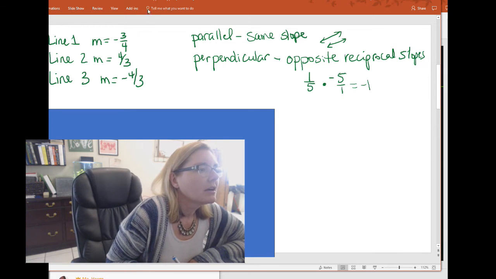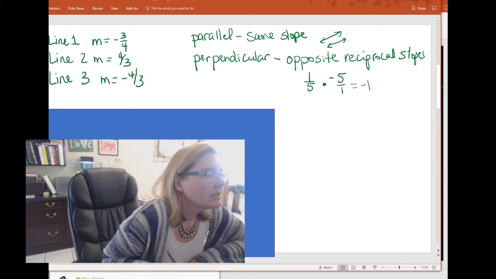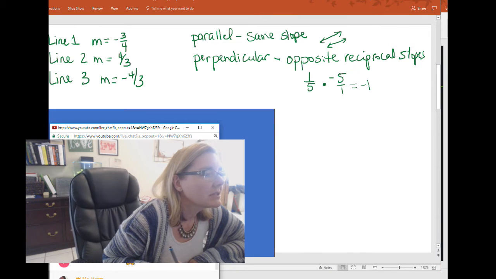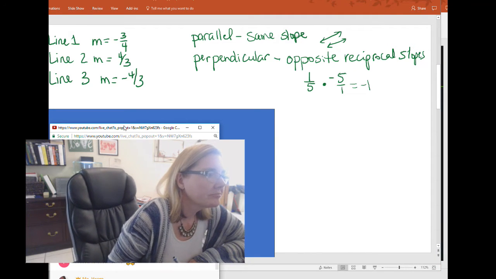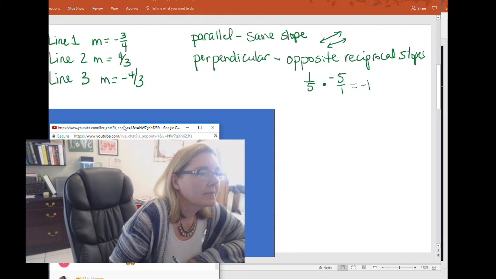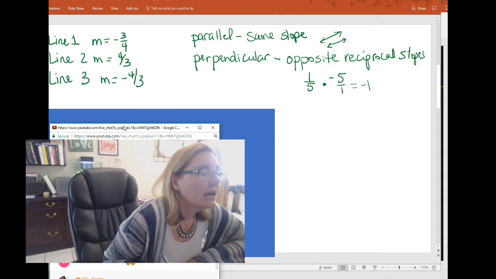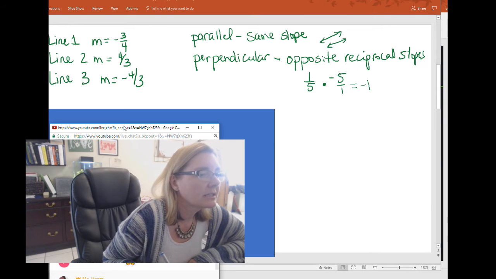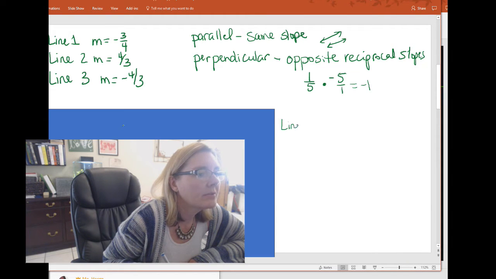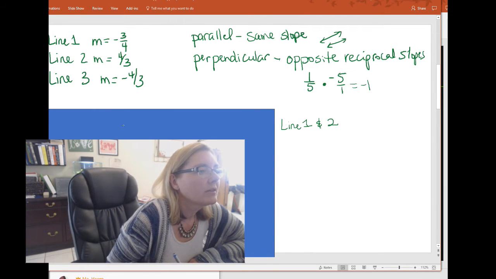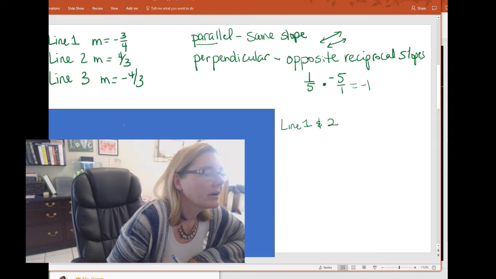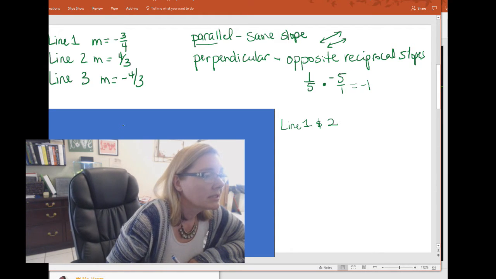Okay? All right, so do you see any slopes that are opposite reciprocals of each other? I think there may be. I see certainly some that are reciprocals, and we have a couple of different signs. So let's organize this. In ALEX, when you do your homework, they organize it usually like this. They ask you about the pair of lines, line 1 and 2. So line 1 and 2, we already said none of them are parallel, so we know they're not parallel. But are lines 1 and 2 perpendicular?